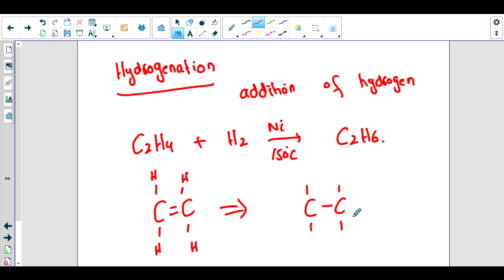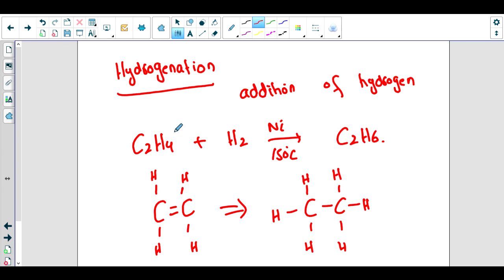To get stable, one hydrogen comes here, one hydrogen comes here, and it becomes an alkane. So how can you convert alkenes to alkanes? By the hydrogenation reaction. This is very important in the food industry to convert unsaturated fats to saturated fats.